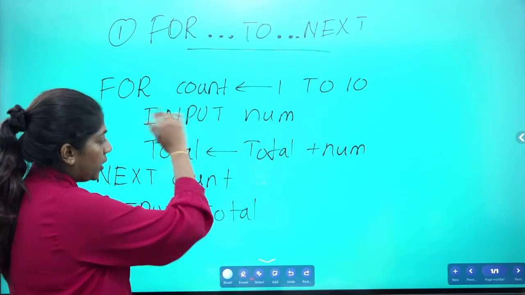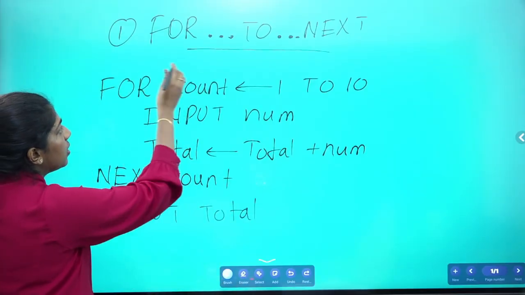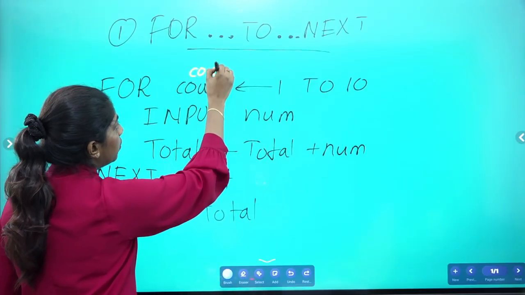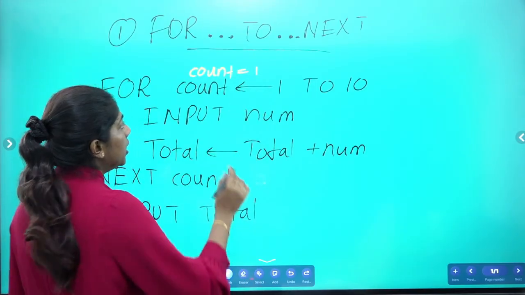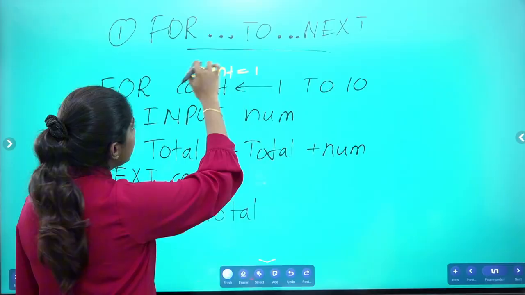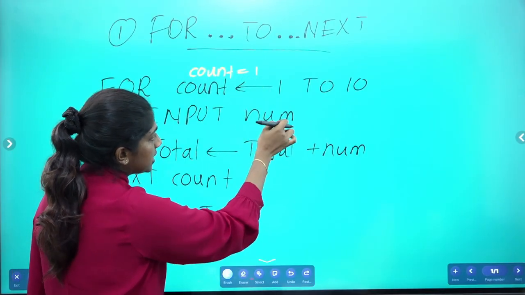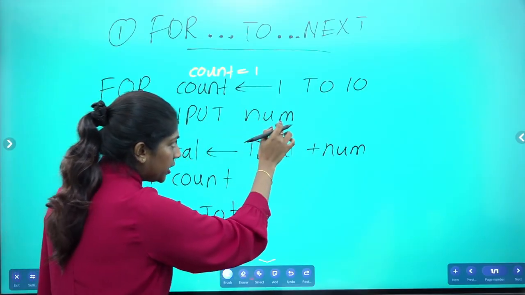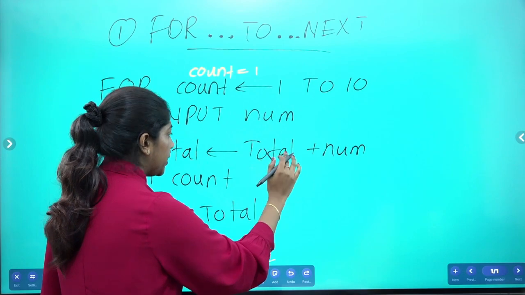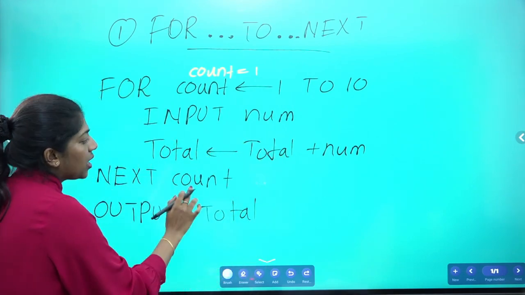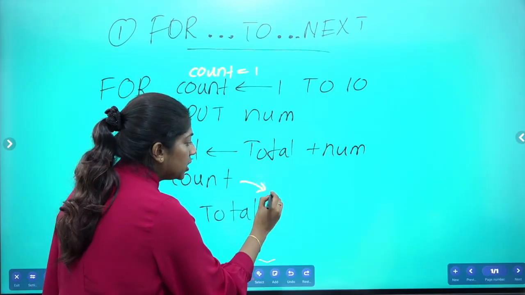So what happens is, first we come to count equals 1. When count equals 1, this goes inside the loop and inputs the given number, and adds that to the total. And next count means go to the next count, which is count 2.